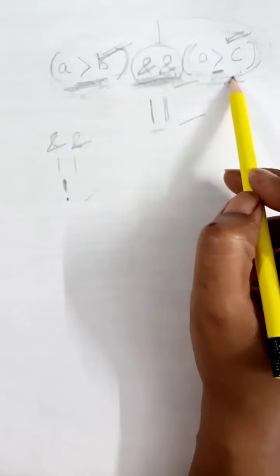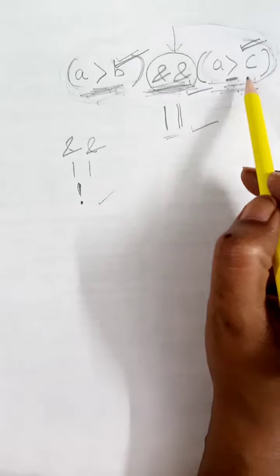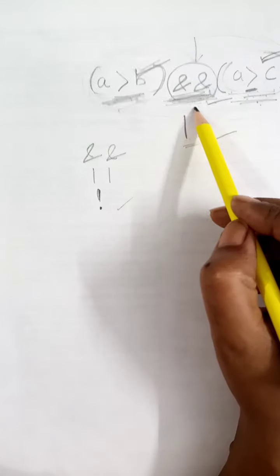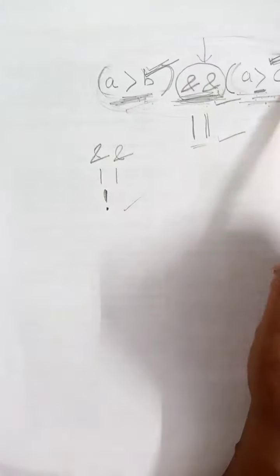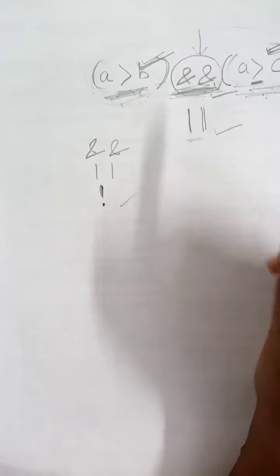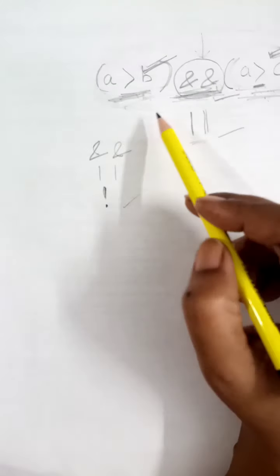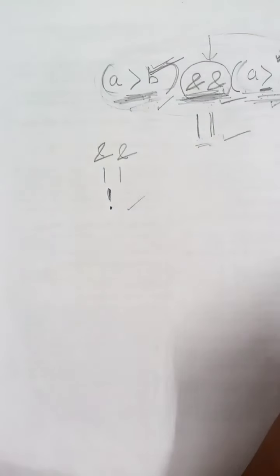If any of the conditions is true, then the statement will execute. In case of AND, it's compulsory to satisfy both the conditions. But in case of OR, any one of the conditions should be satisfied.